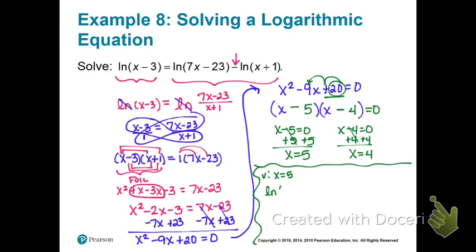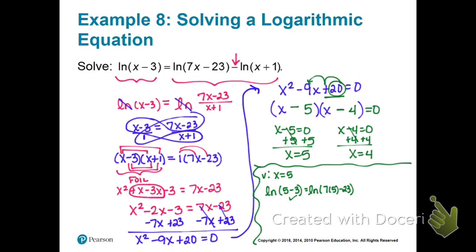So the natural log of 5 minus 3. Is that okay? Yeah, because 5 minus 3 is 2. Equals the natural log of 7 times 5 minus 23.